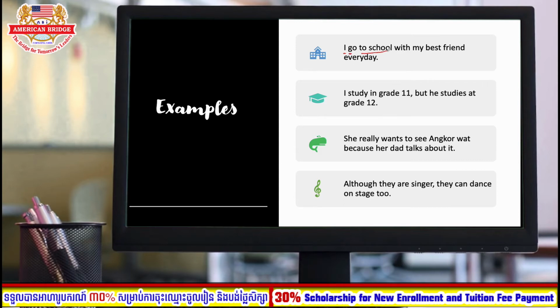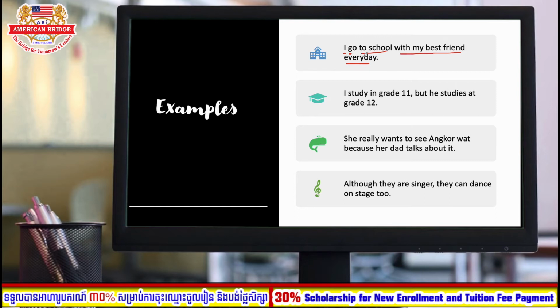To school with my best friends is a prepositional phrase, which functions as the object of the word go. So this sentence is called a simple sentence because it has only one independent clause.